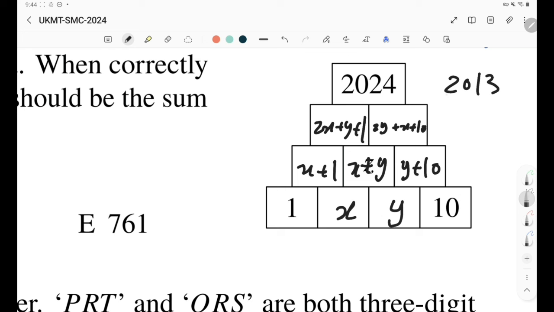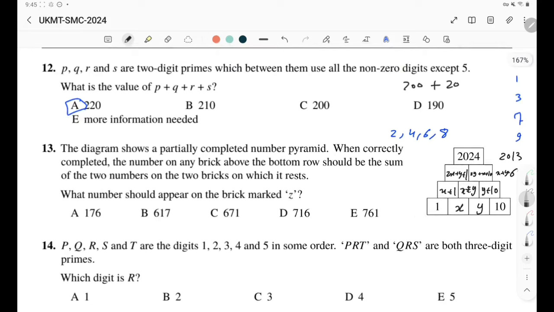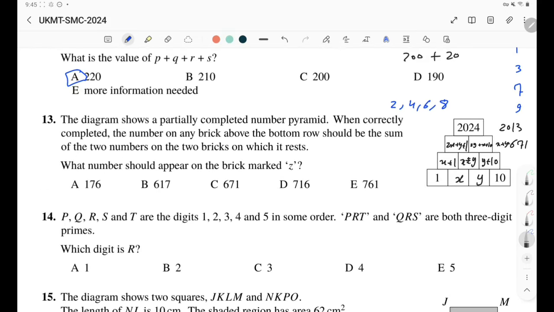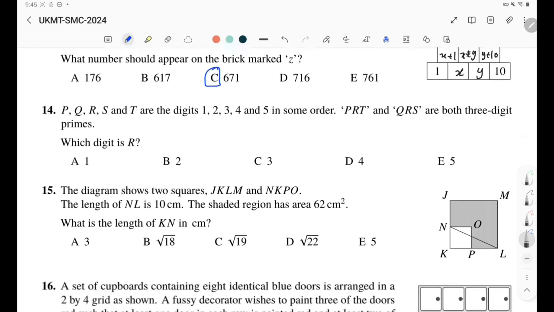We need to divide this by 3. If you just divide this number by 3, you're going to get 671, which is x plus y. And guess what? Z is just x plus y. So this is the answer basically. Where is 671? Yeah, here it is. It's C. Okay, we're done.